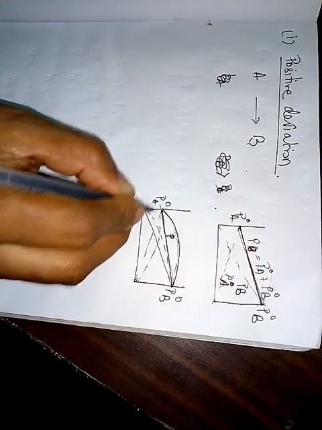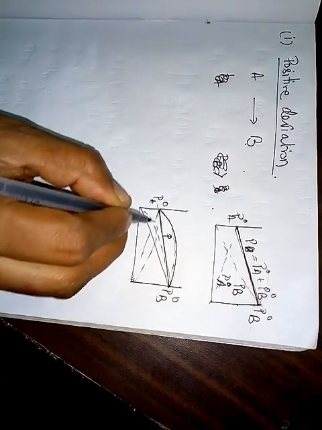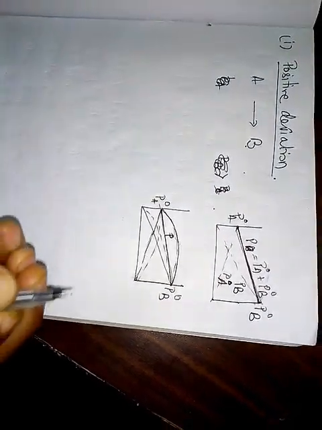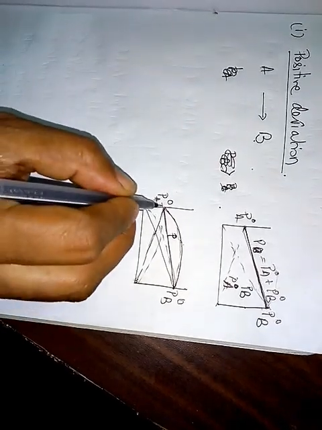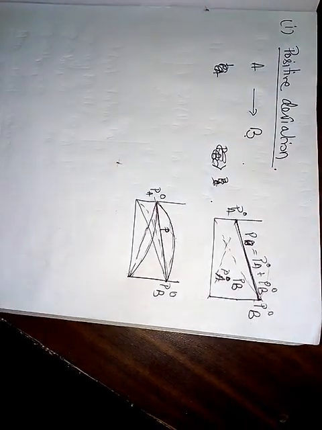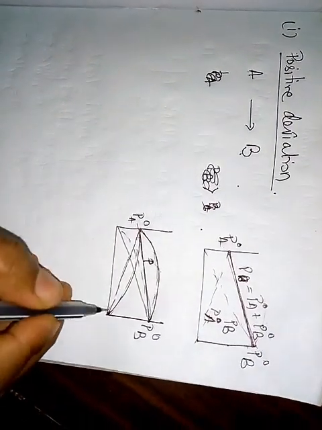Now, when you talk about a single component, the vapor pressure according to Raoult's law should be this. But because A is added to B, it is found that it is slightly increased more than expected according to Raoult's law.